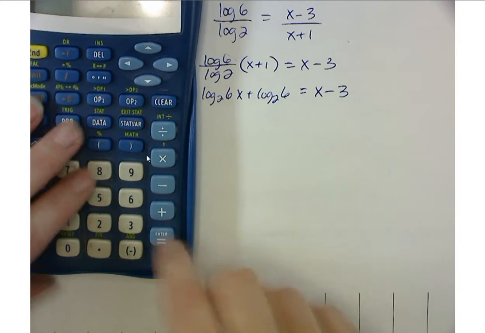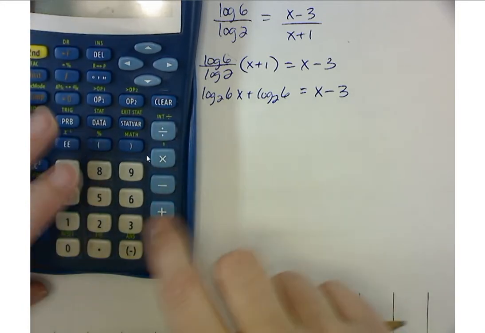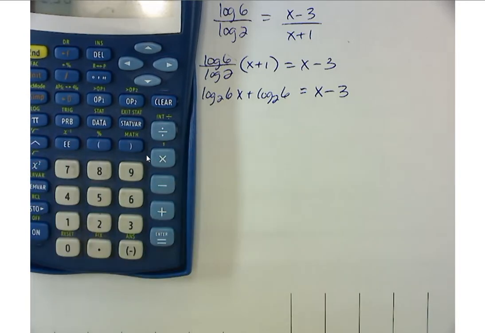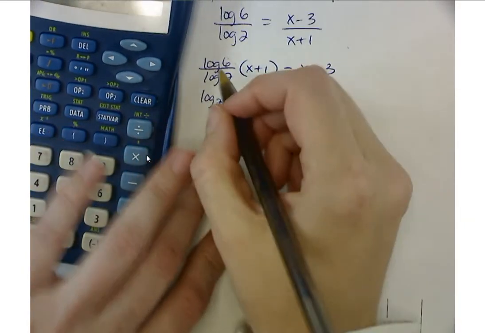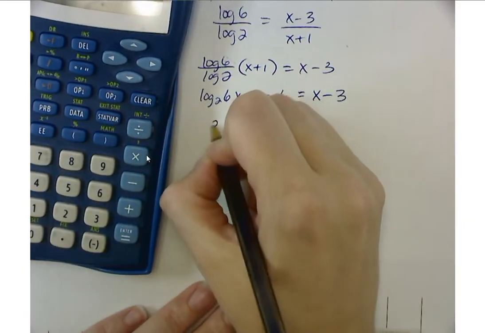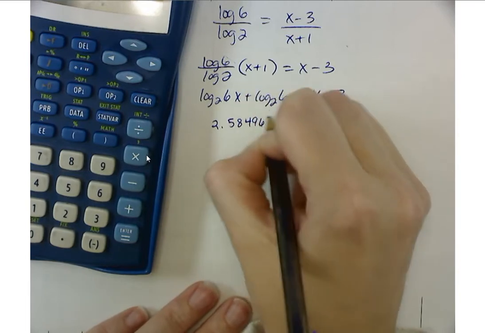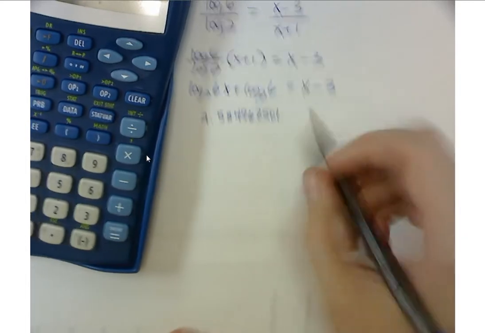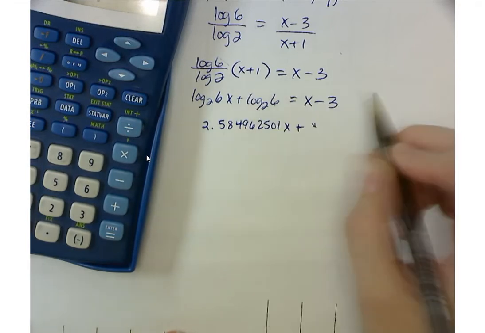So if you have the log of 6 divided by the log of 2, really the only thing you'd want to make sure is that you keep this decimal in the memory bank. So you have 1.584962501. I'm just going to write that for now. X, plus this number again because it's times 1.